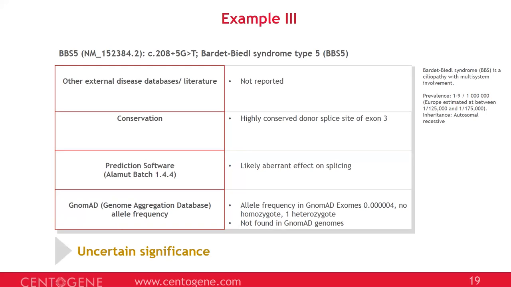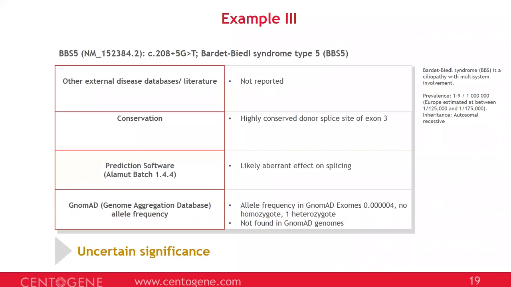Initially, we identified it in a trio, made of an index child with suspected diagnosis of Bardet-Biedl syndrome. The parents were unaffected, and we analyzed all the BBS-related genes we had in the panel.